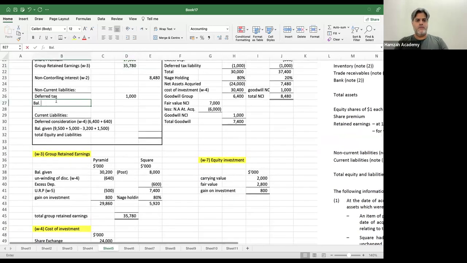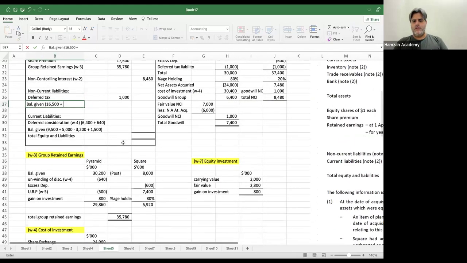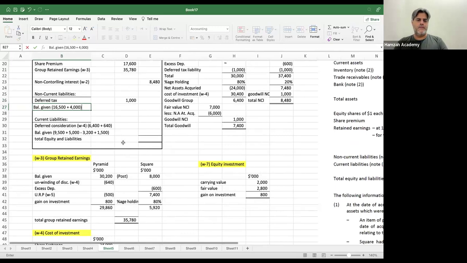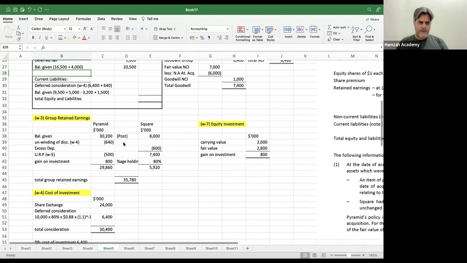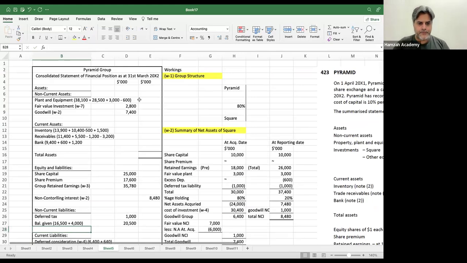Balance given, 16,500 plus 4,000. And then current liability 95 and 5. Done. Now let's just do the totals.